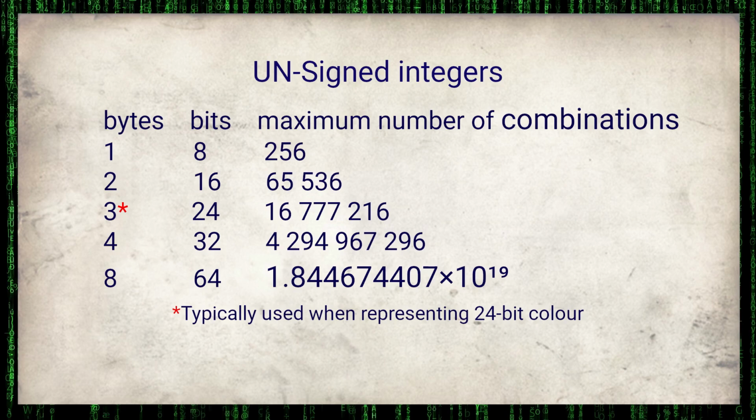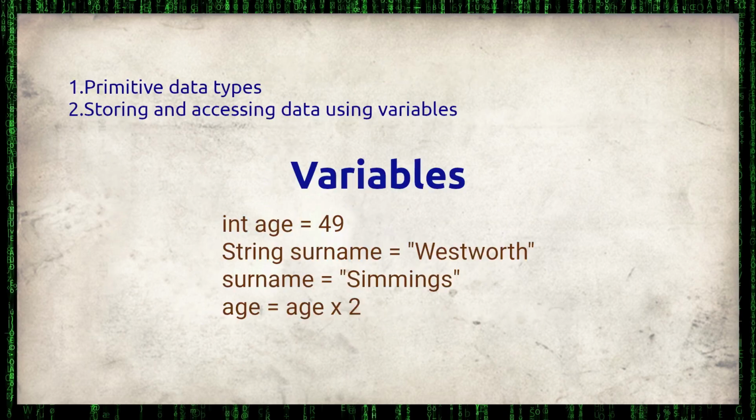Okay, so this brings us nicely to our next point, which is data storage and how to access it from your programming language. So we're moving away now from how the hardware works and more into the programming language itself. Now, probably 99% of programming languages have this concept called a variable.